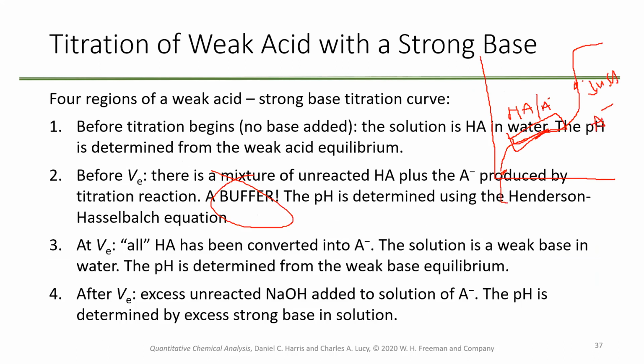And down here at the very beginning, it is just HA. So we've got a bunch of buffer. Then after the titration break, over here we've got excess hydroxide, OH minus. You can figure out the pH anywhere along here with Henderson-Hasselbalch, but why waste time? Do it at the 1/2.